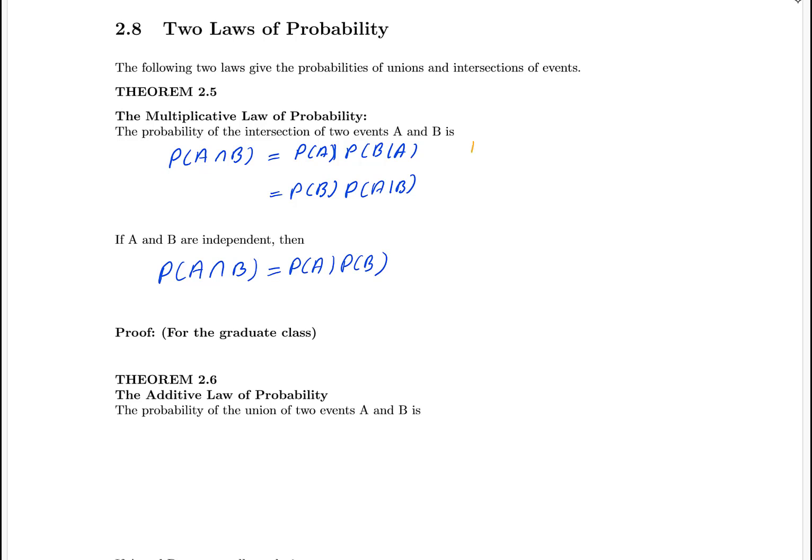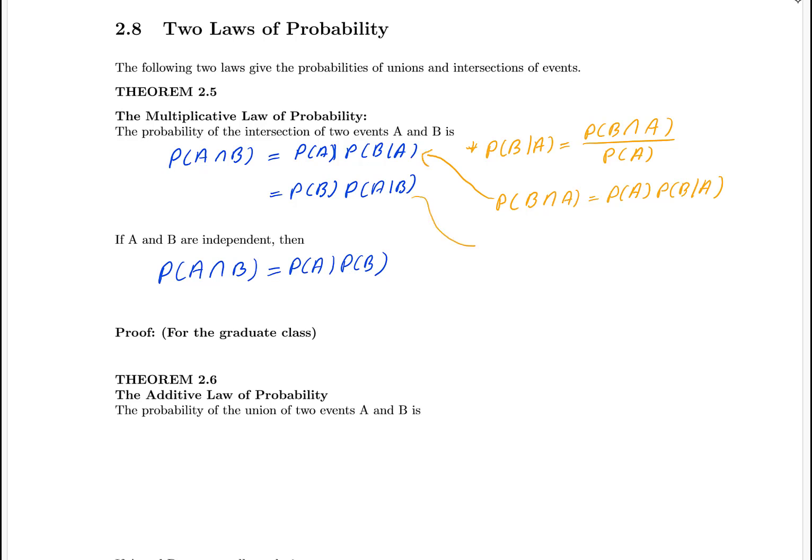So let me show you this. Probability of B given A equals probability of B and A divided by probability of A. Then you multiply both sides by the probability of A. Then we have probability of B and A equals probability of A times probability of B given A. So this is the proof of this part.